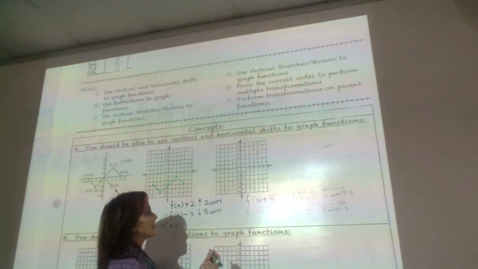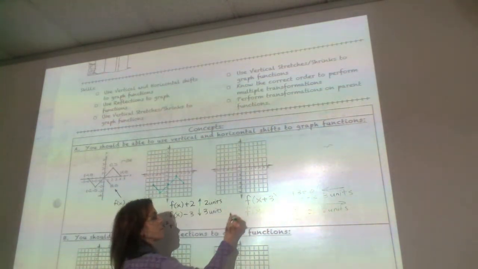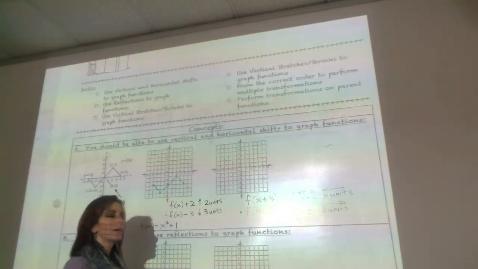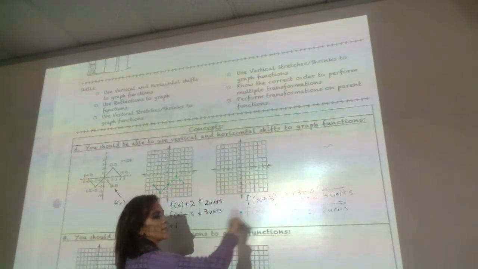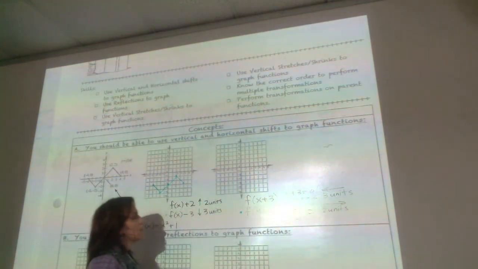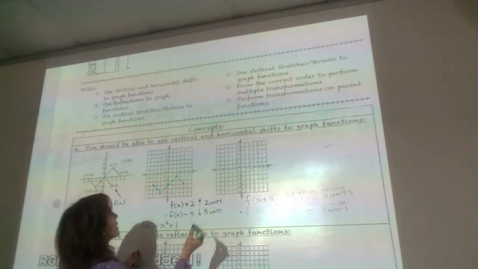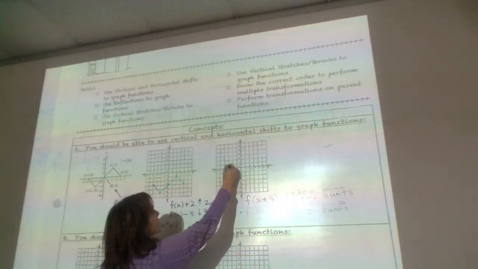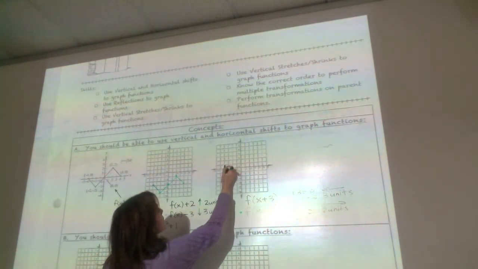So again, let's take one of these graphs and plot it. Let's do this one. And we're going to take each one of those points and shift it 2 units to the right, okay? So we're going to start here with our original graph at 1, 2, 3, 4. We're going to move it, that's actually 3, so we want to go to 4. Move it 2 units to the right.